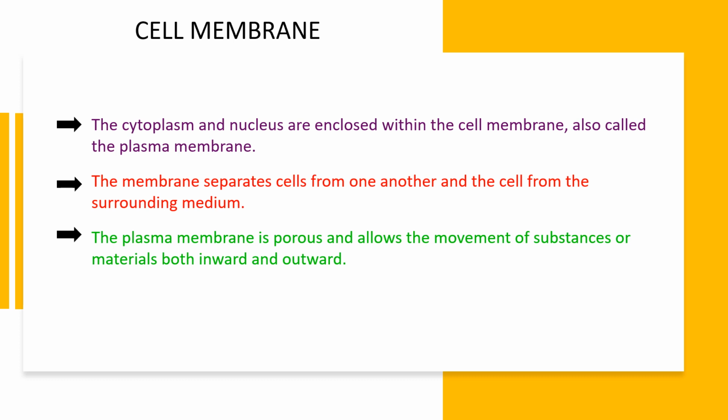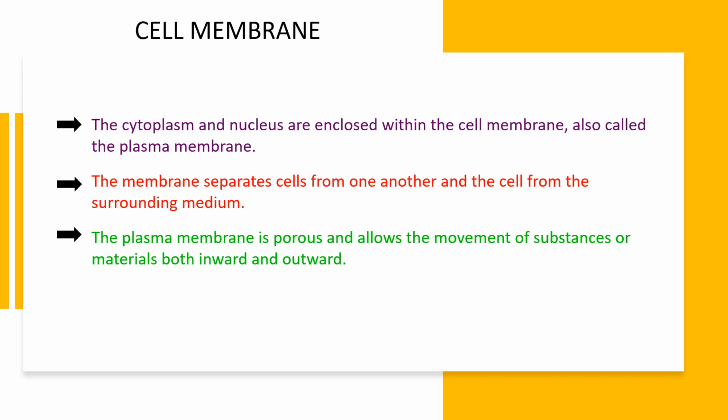Cell membrane. The cytoplasm and nucleus are enclosed within the cell membrane, also called the plasma membrane. The membrane separates cells from one another and the cell from the surrounding medium. The plasma membrane is porous and allows the movement of substances or materials both inward and outward.